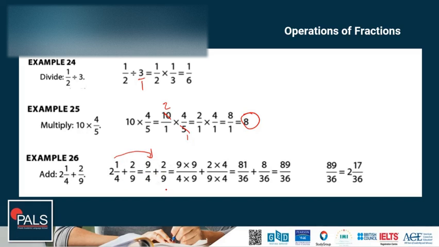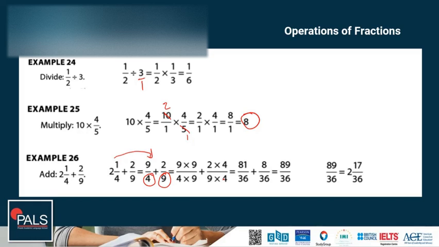Then find the common denominator by multiplying 4 and 9. So we have 4 times 9 is 36. So 9 times 9 is 81. Then 9 times 4 is 36. 2 times 4 is 8. So 81 plus 8 is 89 over 36.